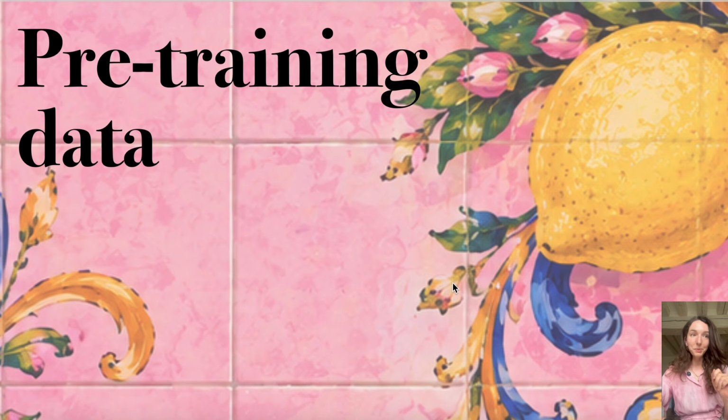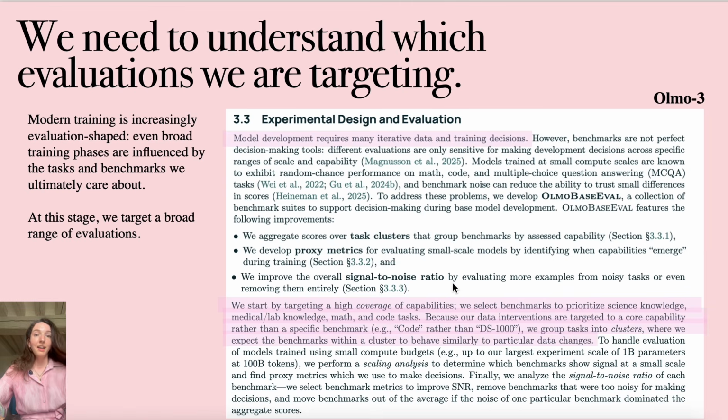So first stage, let's look at the pre-training data. One thing that I found interesting here is that even though pre-training, as in the GPT-1 paper, was meant to use whatever information is available, unlabeled but hopefully useful, even at pre-training, if you read a lot of these recent papers, you need to understand which evaluations you're targeting. So I would say that modern training is increasingly evaluation-shaped.